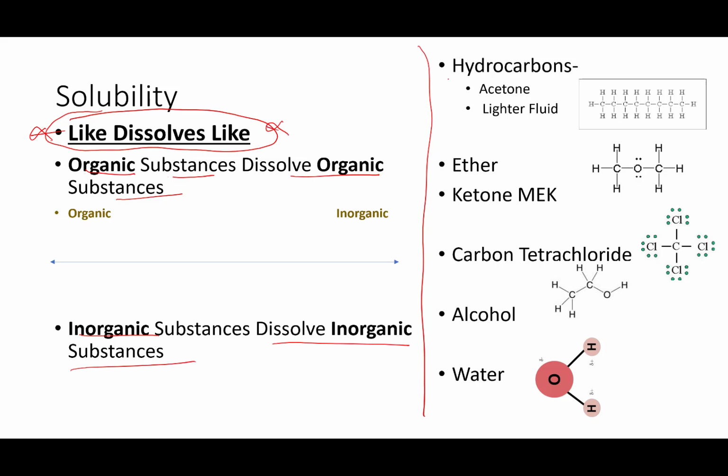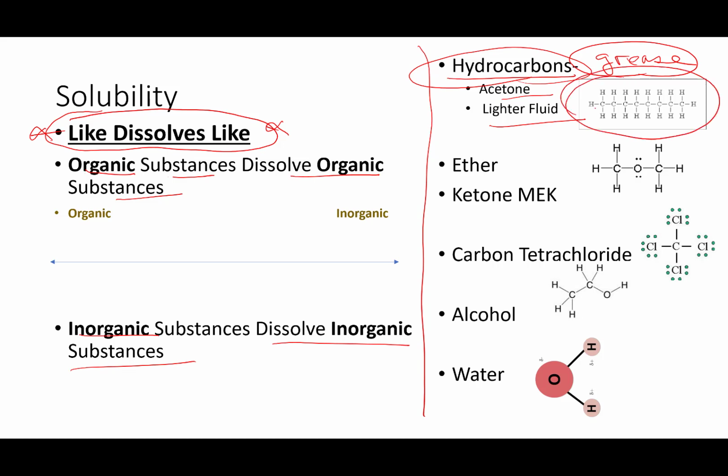So if you've got hydrocarbons, they are going to be good at dissolving other hydrocarbons. If you've got a spot or a stain that is made of grease and you want to get that out, well, you're going to be better with something like acetone and lighter fluid and things like that. These molecules are very nonpolar and they are very symmetrical.